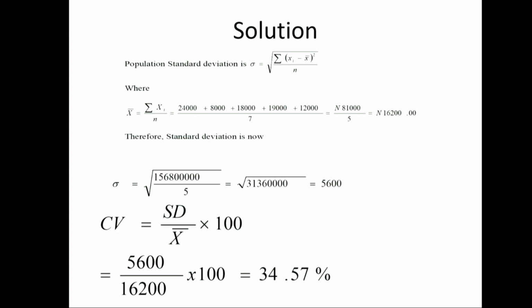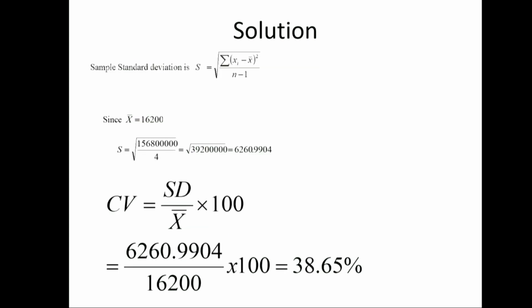The standard deviation for the population was calculated to be 5,600, and the mean was 16,200. That is the average monthly allowance for the students. You multiply that by 100. We have 34.57%.